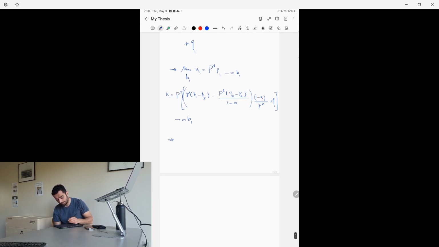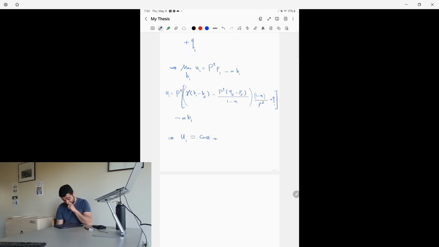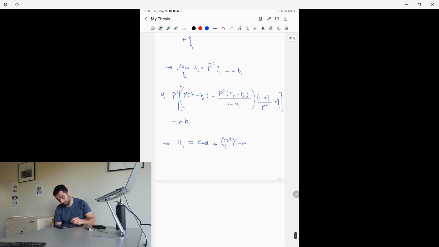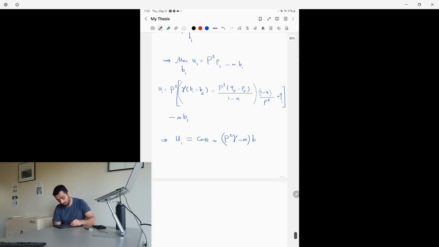Then we have U1 equals a constant plus, what is the coefficient of B1? P1 gamma minus M, right? P1 gamma minus M B1.